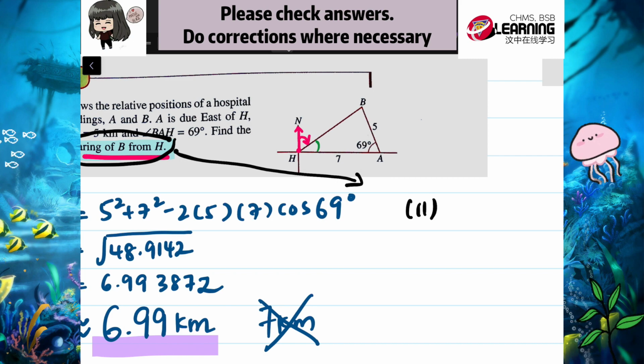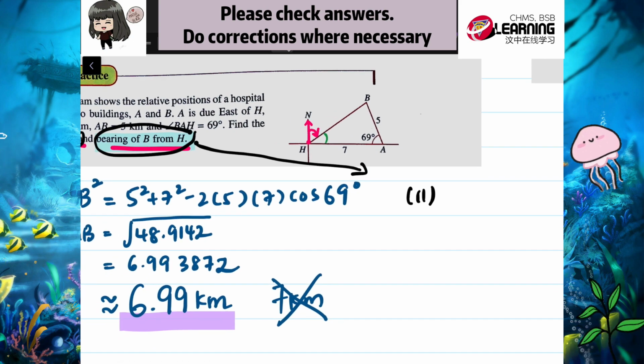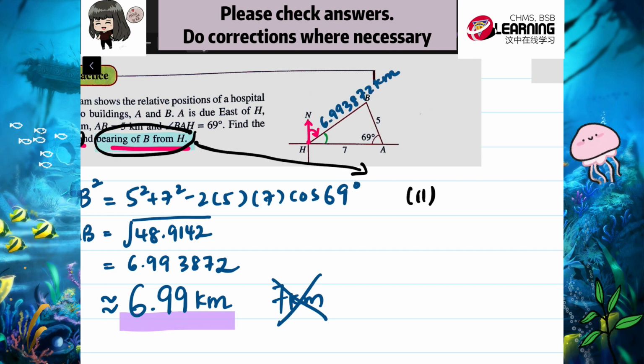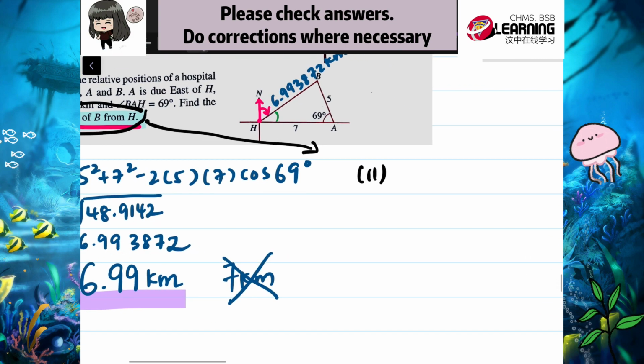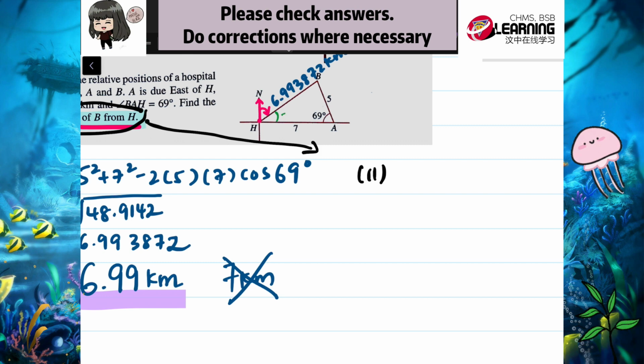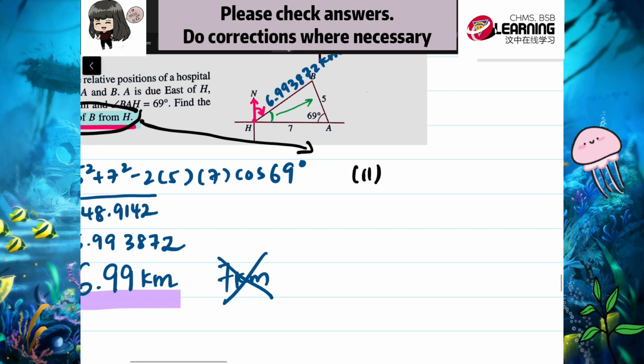How to find the angle? By the way, your HB here, I'm going to write down 6.993872 km first. That's your HB. We're going to use the sine rule to do this question. The angle opposite this length is the angle here, and 69 with the length there.